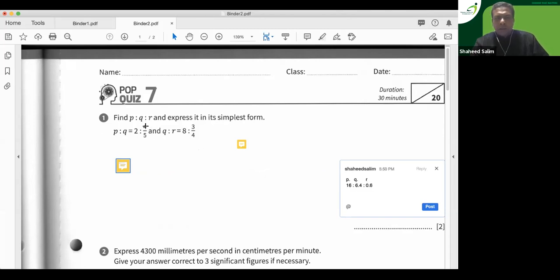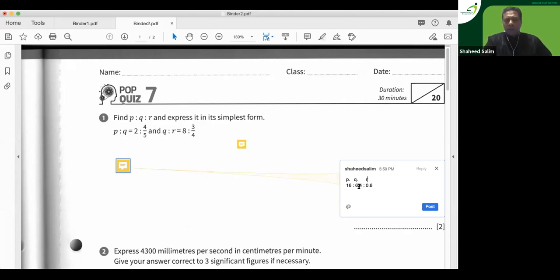Then you must times this by 8. You times this by 8, you get 6.4. 4 times 8 is 32. 32 divided by 5 is 6.4. Correct. Okay, so this is correct.